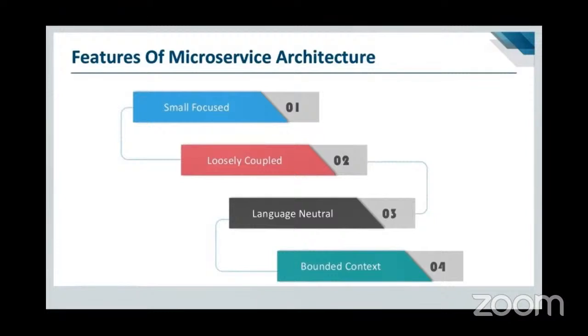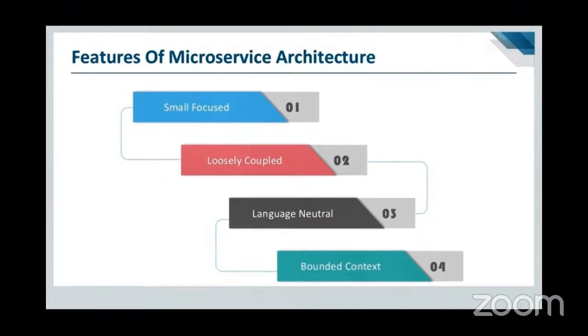If the cart component goes down, the product catalog is still up. Thirdly, it is language neutral. If you want to have one microservice implemented in Java because it has extensive libraries, and another microservice in Python, that is fine. All of them will communicate with each other with REST or messaging. And the last one is bounded context.